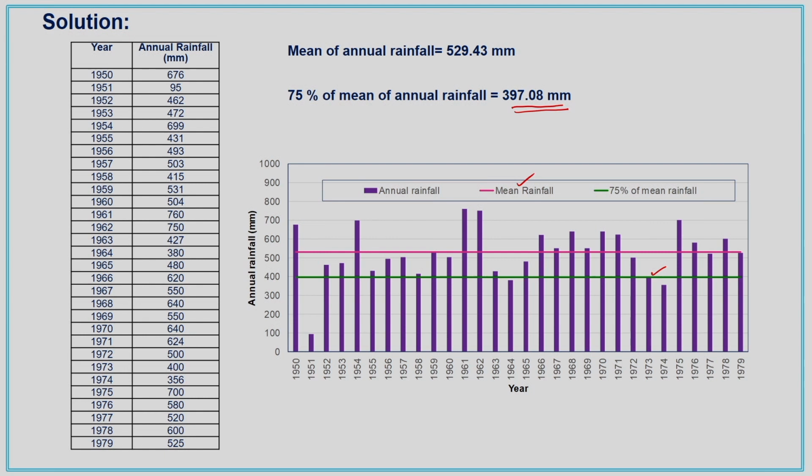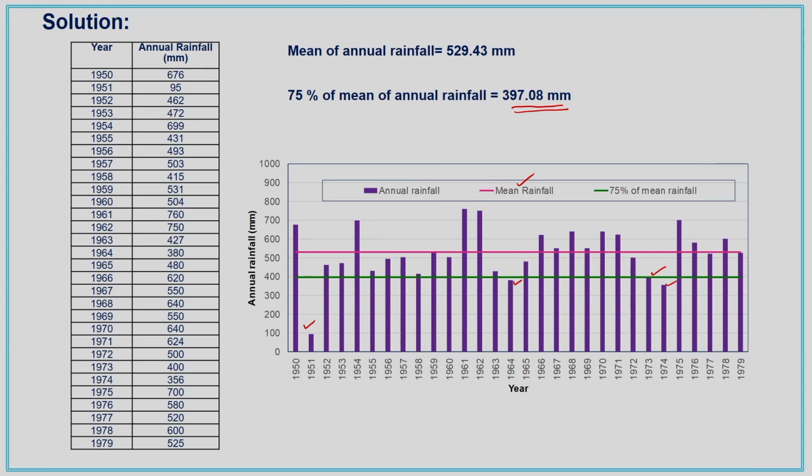Observe the graph carefully. You can see less than 75% of mean rainfall in the year 1951, then comes the year 1964 and 1974.